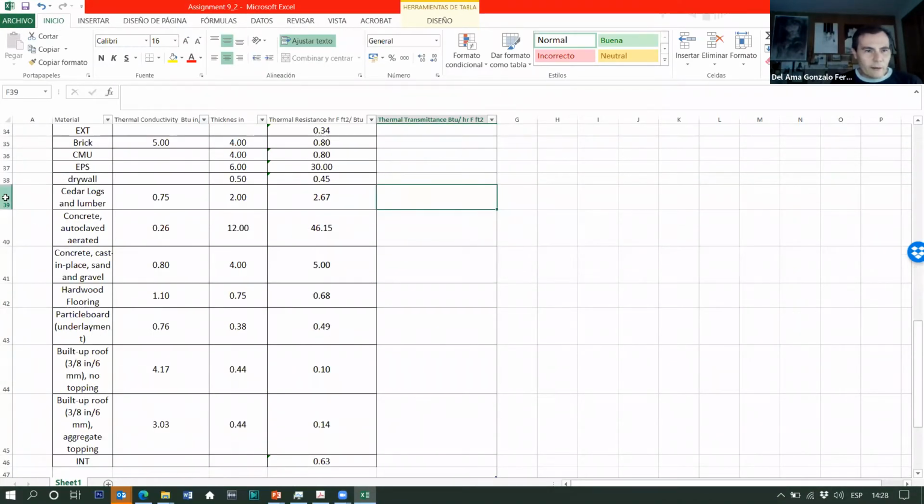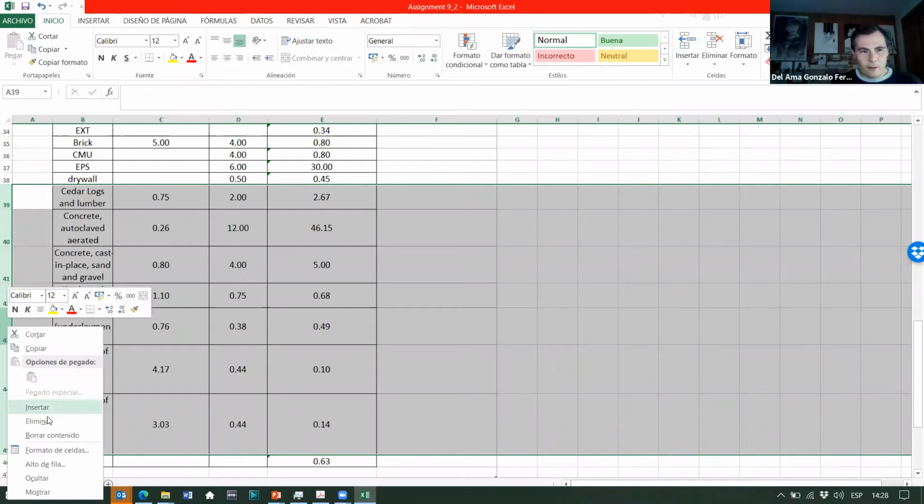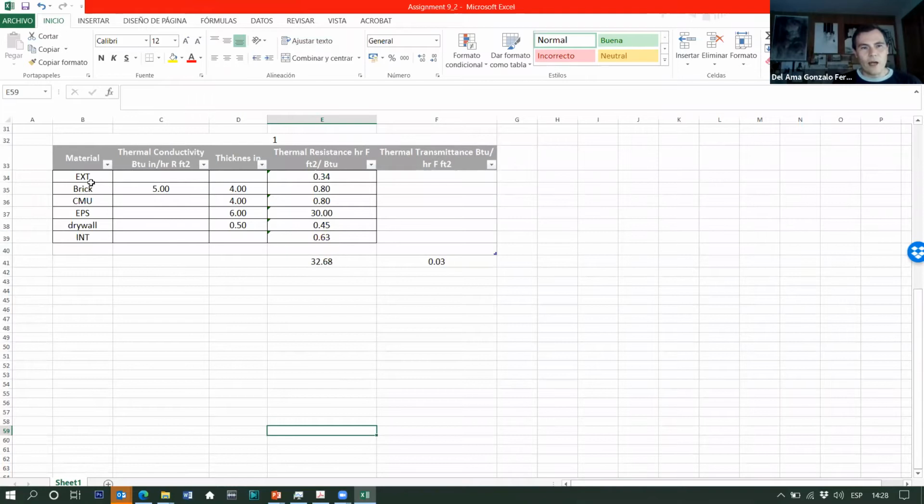You can select all these elements, right click, delete, and there you go. So we have the exterior layer, the brick, concrete masonry unit, extruded polystyrene, drywall, and interior layer.